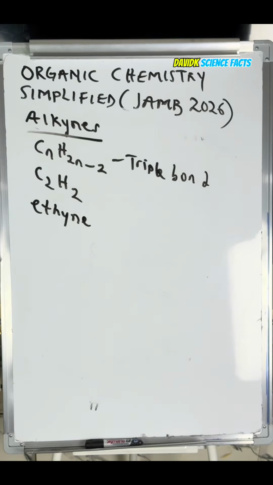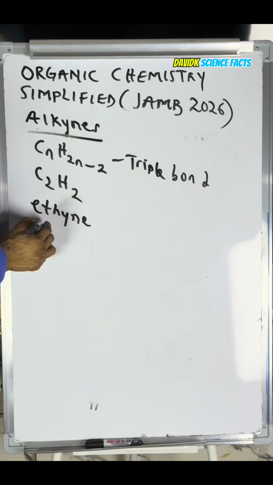Why is it called ethyne? Because it has a triple bond, so it is an alkyne. So we have something like this.